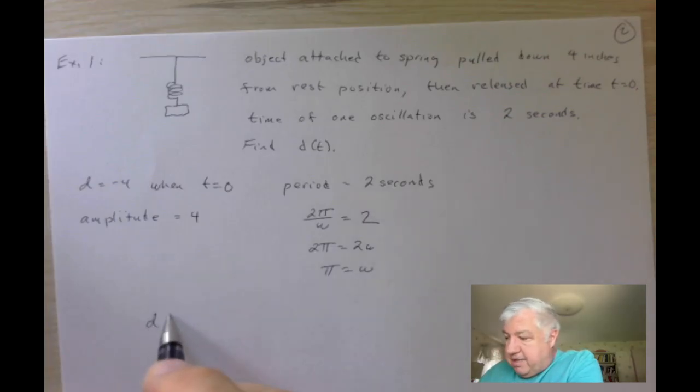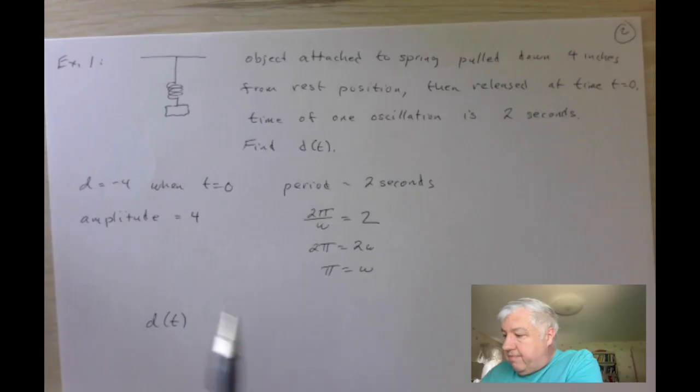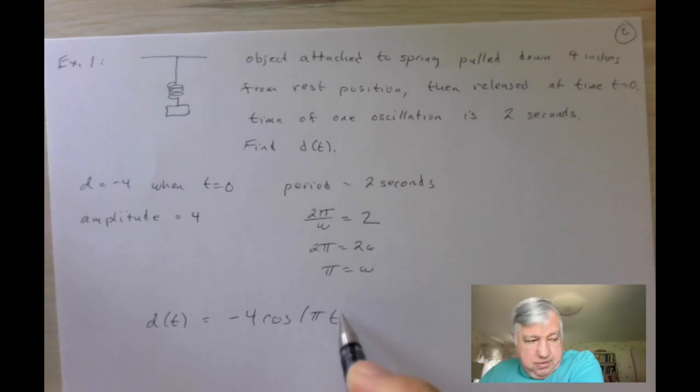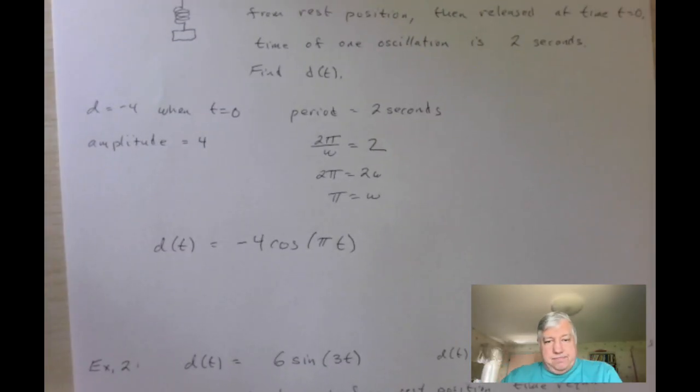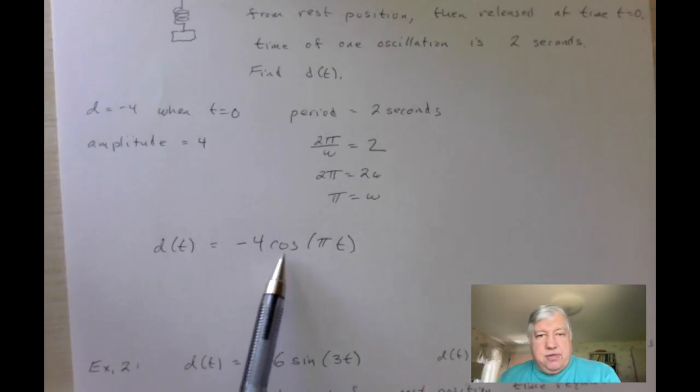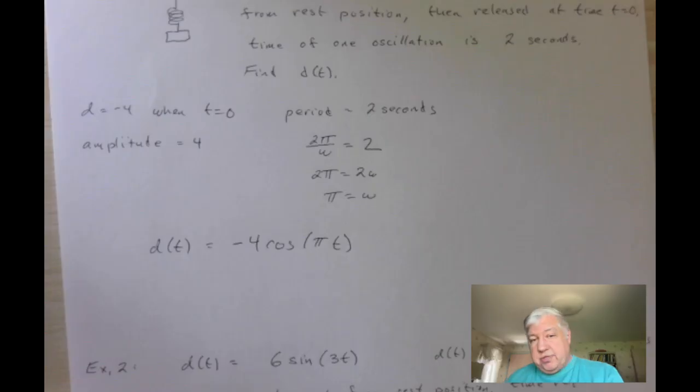So d of t is going to be -4 times the cosine of pi t. The reason for that is we want the initial value to be -4. If we use sine, this will just be 0, so we want cosine. Everything follows from that.